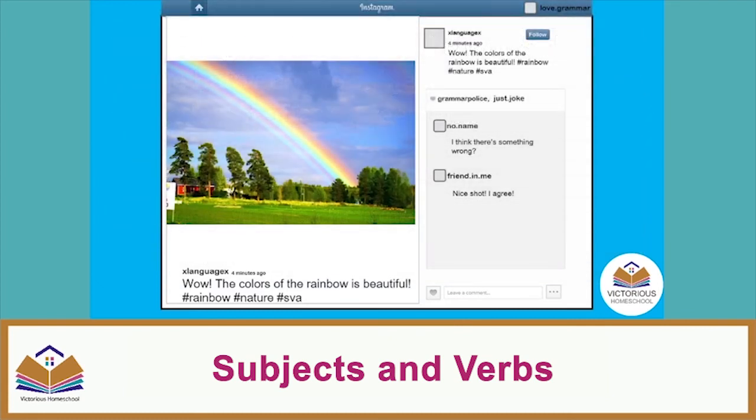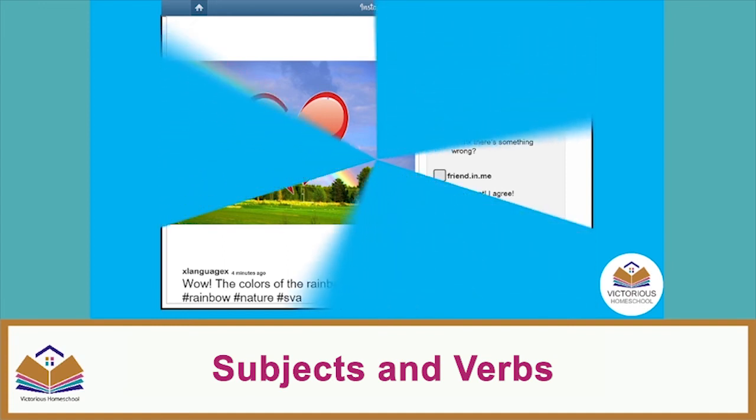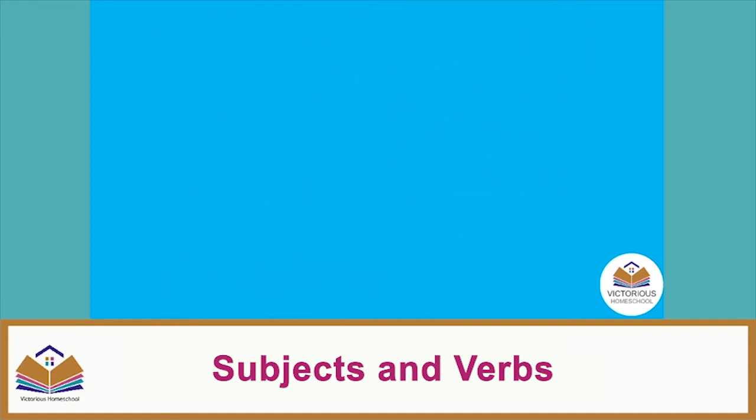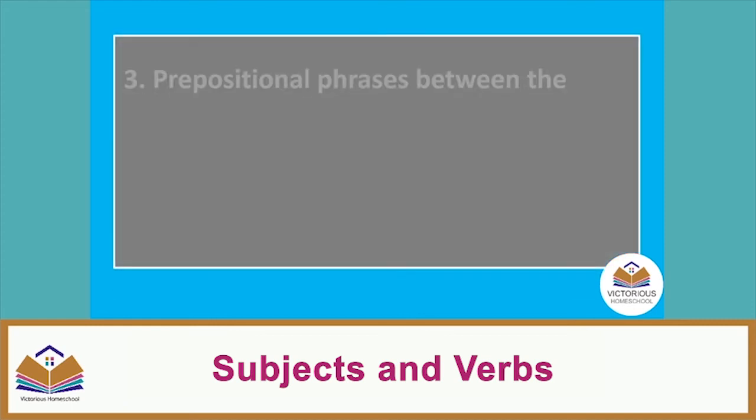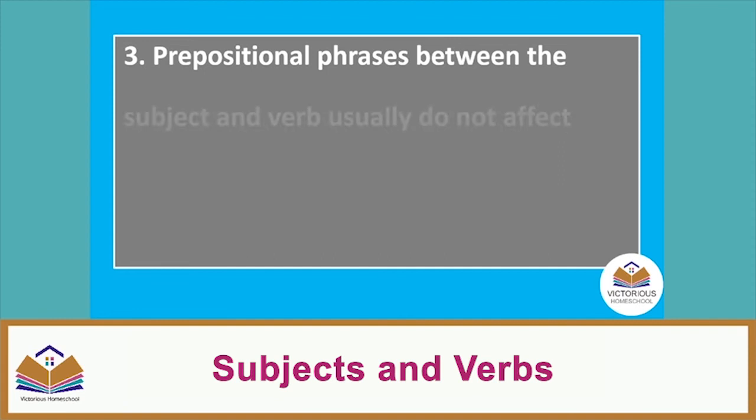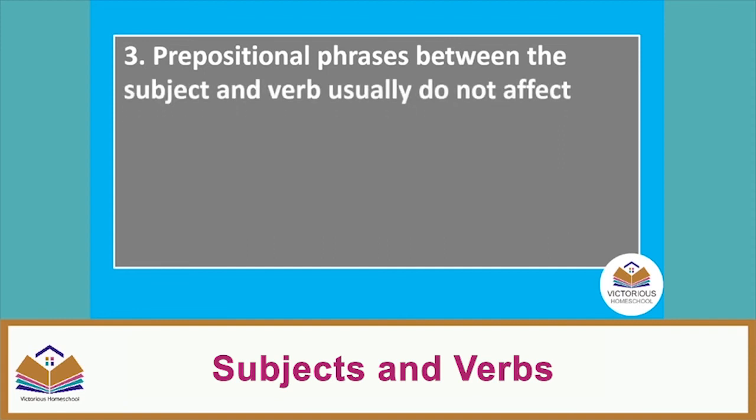Let's look at another post. Wow! The colors of the rainbow is beautiful. This is grammatically wrong again. Okay. For the older ones, you studied this in Unboxing Writing 1 actually. The prepositional phrase between the subject and verb, usually, they do not affect agreement.